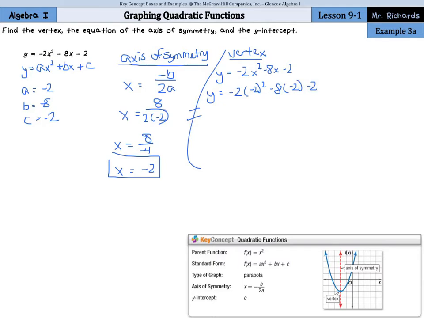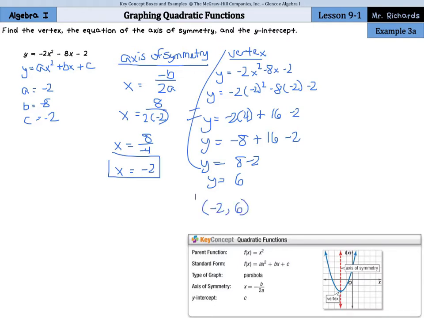Y then equals negative 2 times 4, and then negative 8 times negative 2 is plus 16 minus 2. Y equals negative 8 plus 16 minus 2. Y equals 8 minus 2. Y equals 6. Well then, the vertex, using the x and y, is at negative 2, 6. And that is my vertex.